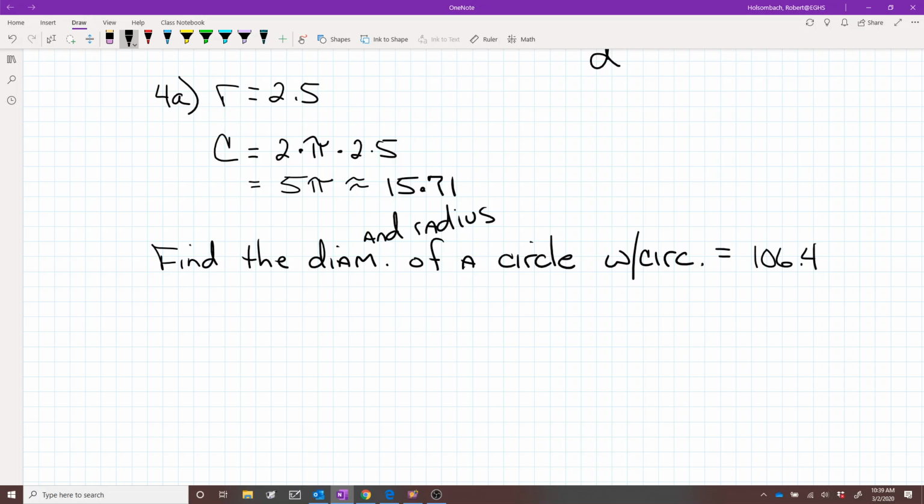So what you do is you take your circumference formula: circumference equals 2 times pi times the radius. Where the C is in the formula, you replace it with 106.4. So you write a new equation: 106.4 equals 2 times pi times the radius.